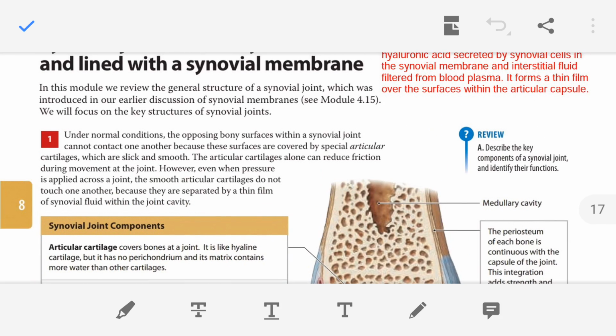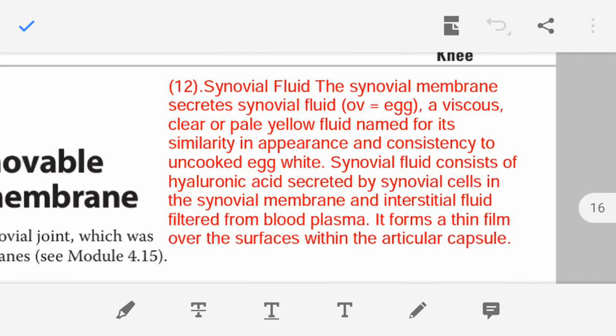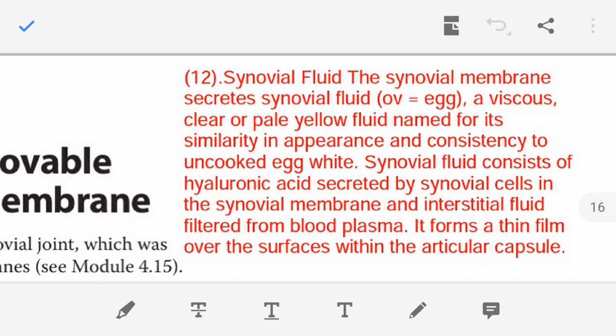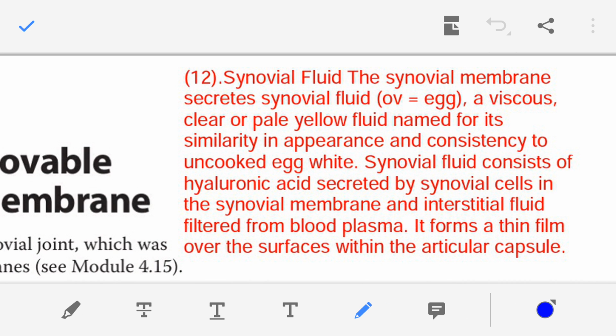Now what is this synovial fluid? The synovial fluid is secreted by the synovial membrane, and in synovial, the prefix 'ov' means egg.